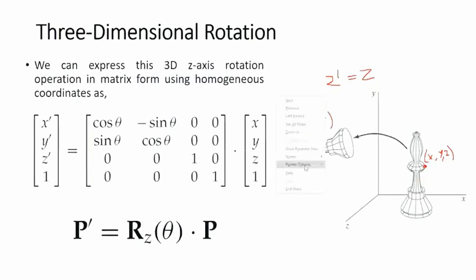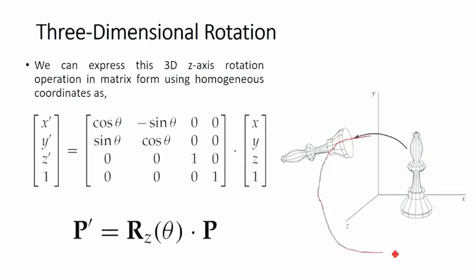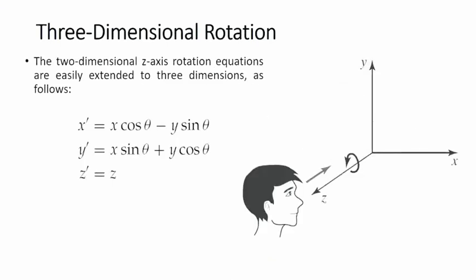So if you see here, I am rotating this object like this, around z-axis, right? That's the basic idea of rotating this object around the z-axis. I will be rotating it like this while you are looking towards the origin from the z-axis.